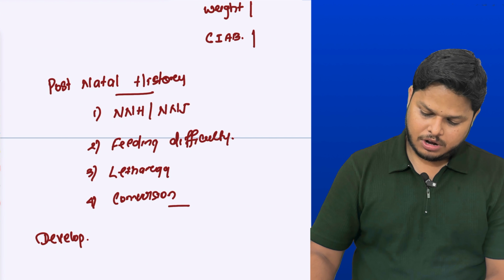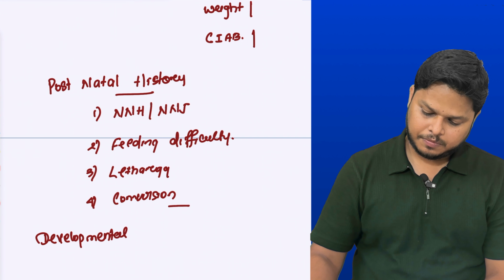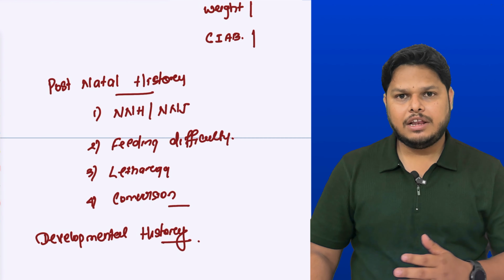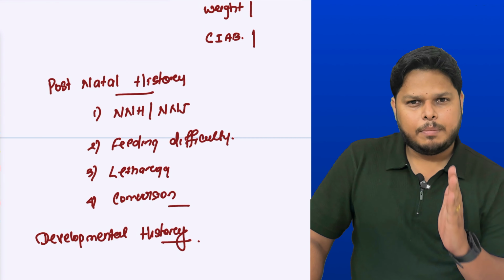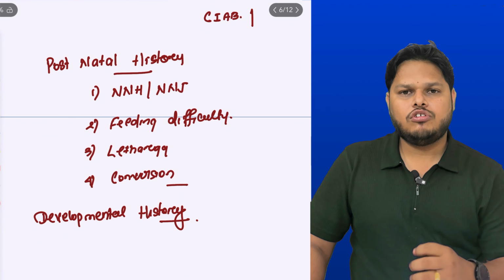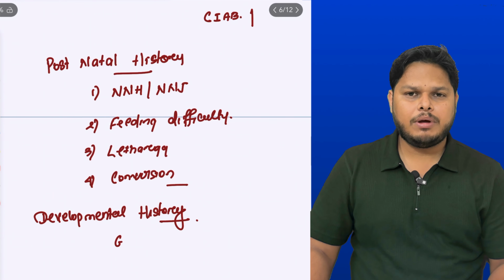Okay, so now we come to developmental history. Here we ask whether the child has attained all the milestones at a proper and appropriate age or not. What all milestones?